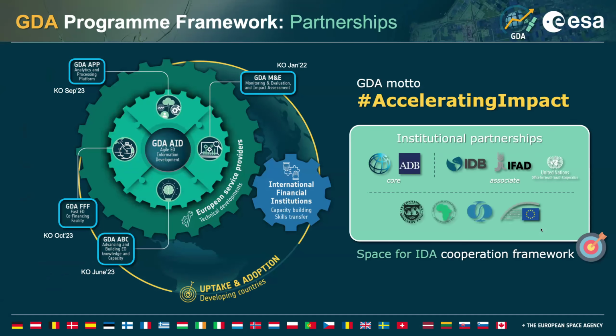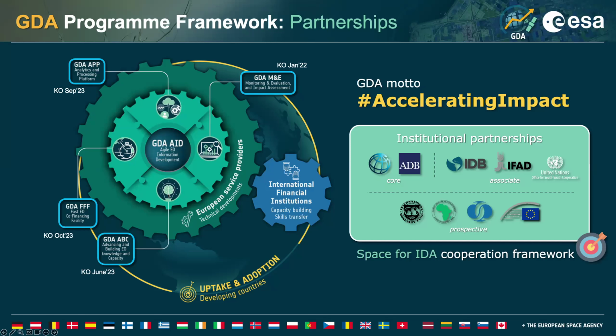Just to give a context of a background of the program, GDA is quite a complex program made of many parts. So the core of the program is this engine that you see here with what we call AID, so Agile EO Information Development, which is the core of all the activities that we do. But this is supported by cross-cutting activities, as you see here, around the core of the engine.